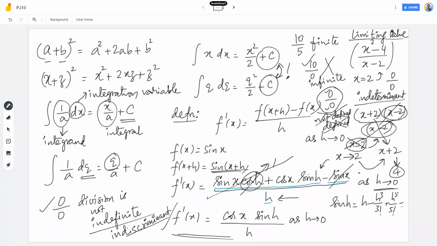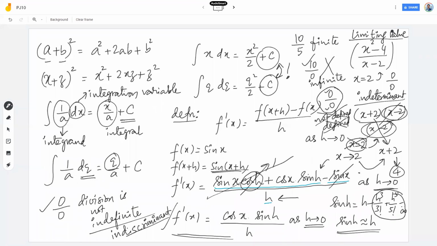There is an infinite series expansion for sin h like this. When h tends to 0, meaning h is very, very small, all higher powers tend to become 0, which means sin h gets approximated very closely to h. When h is very close to 0, sin h is also very close to 0. They are both so close that they are close to each other.